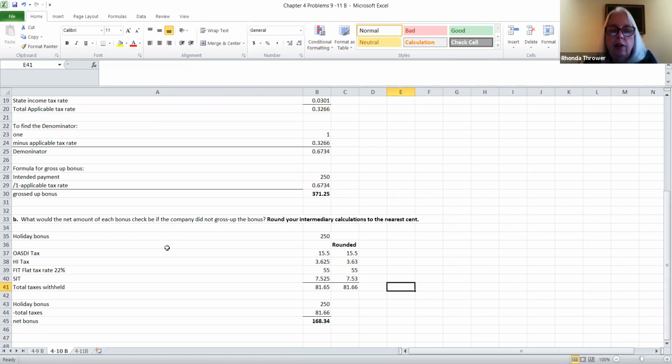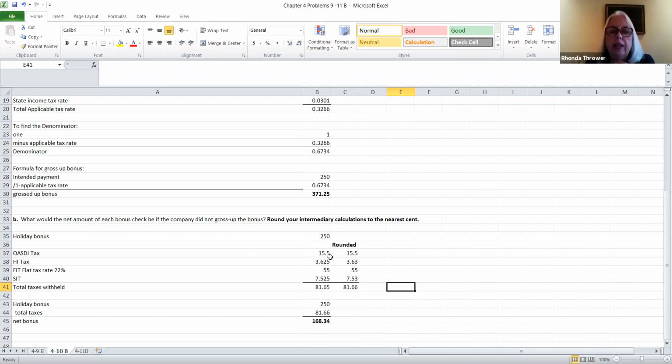In B, it says, what would the net amount of each bonus check be if the company did not gross up the bonus? Well, if they didn't gross up the bonus, the amount of the bonus would have been $250, and we'd have to take taxes out of that $250.